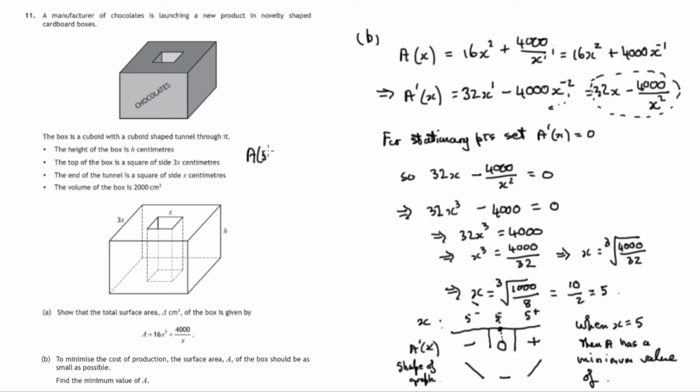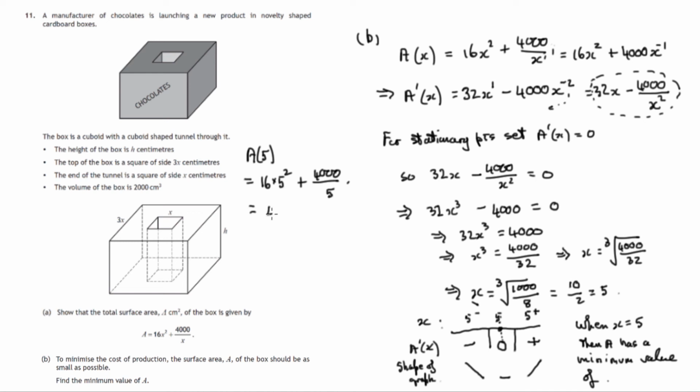We put 5 into the surface area formula. We get 16 times 5 squared. There's the formula up here. Plus 4,000 over 5. Now that's 16 lots of 25. 4 lots of 25 is 100.